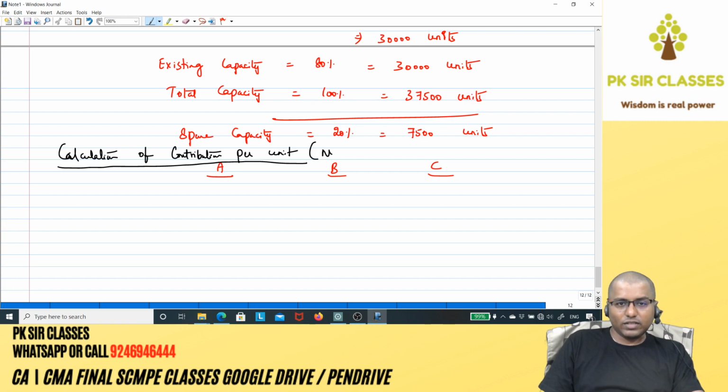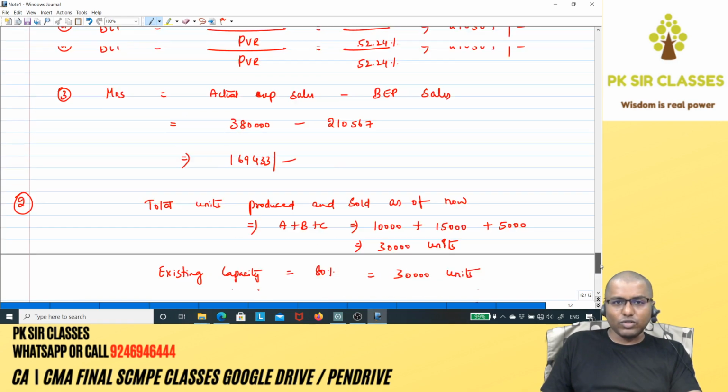Now which year is this happening? Next year. That is very important, because in the next year the variable cost has changed. So first of all, selling price per unit is going to remain the same. How much is selling price per unit? For A it is 10, for B it is 12, for C it is 20. Minus variable cost per unit. Here you have to be careful.